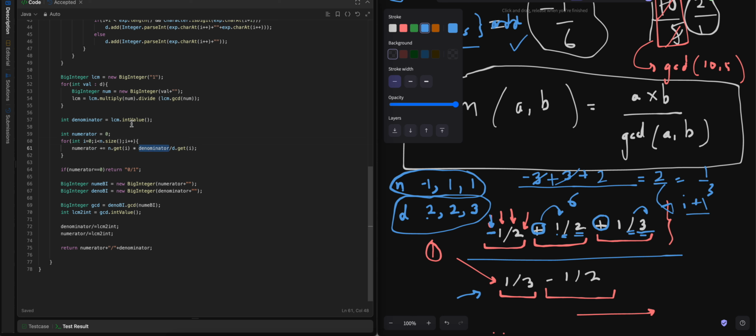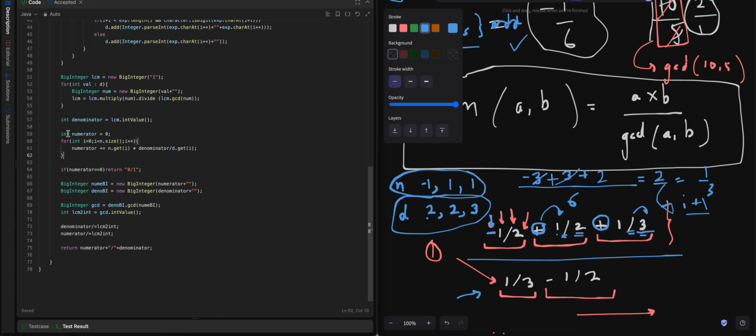This was the LCM value. This LCM value is divided by each denominator, and then that value is multiplied by the numerator, and we are just adding it to the value. So this numerator and denominator will represent our final answer.